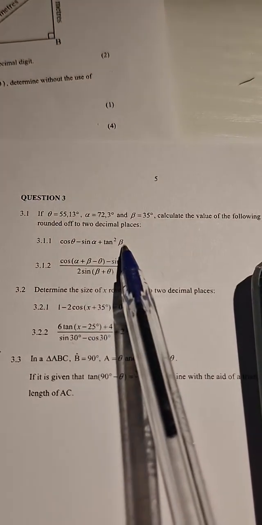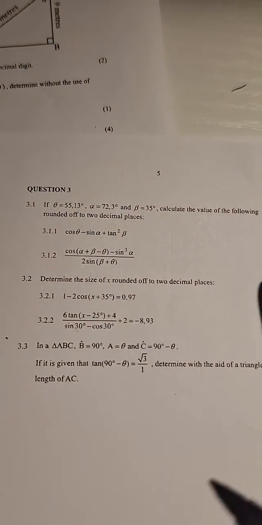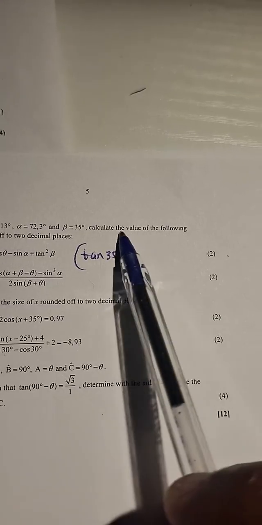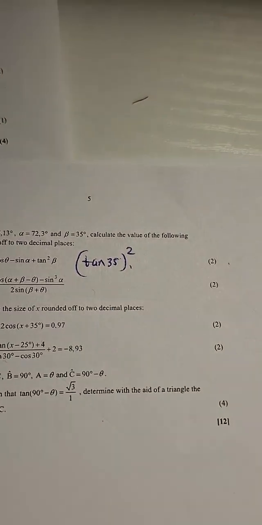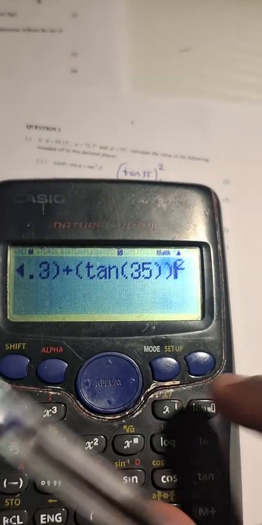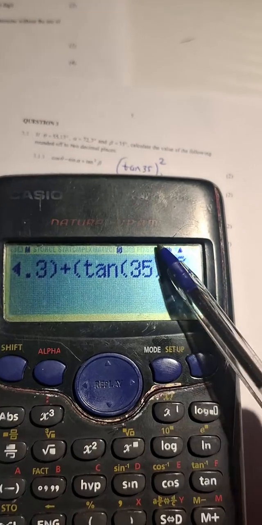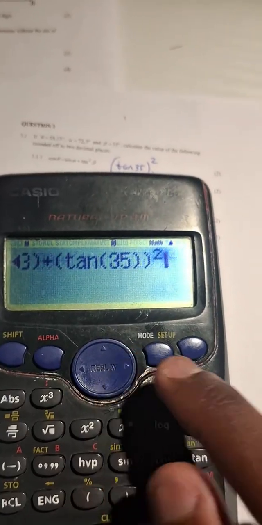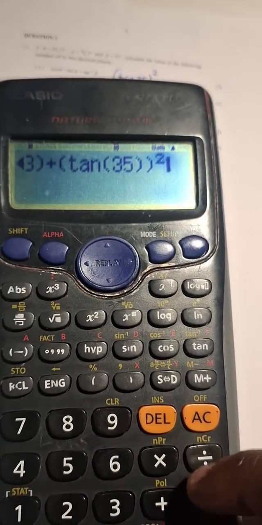Now this here, tan squared beta, guys, is the same thing as saying tan 35, the whole thing squared. So what I did is I said tan 35, put it in brackets, and then a special bracket for the entire thing, the whole thing squared. Okay, then I pressed equal.